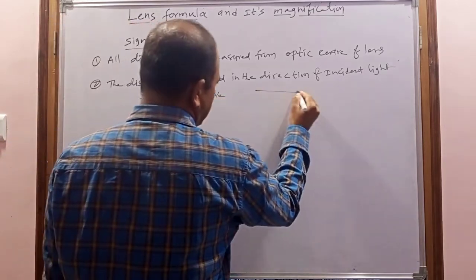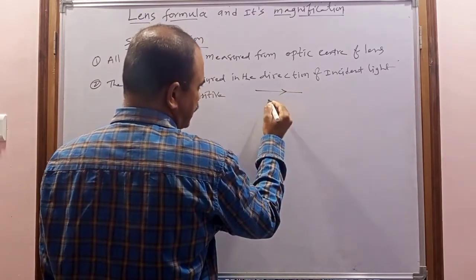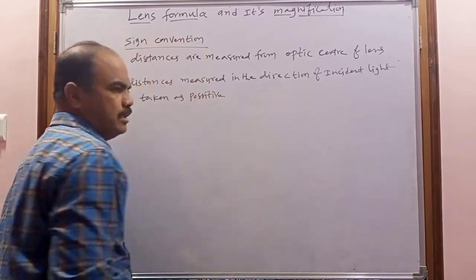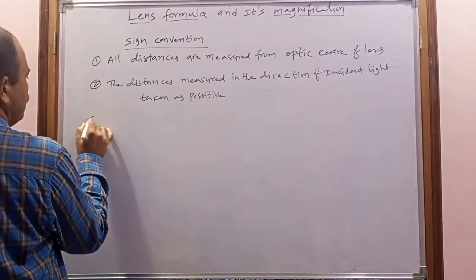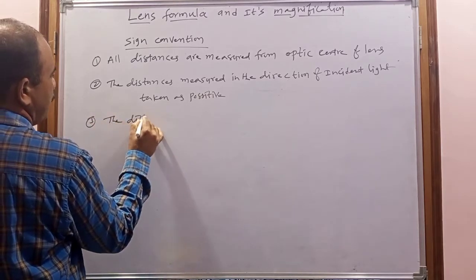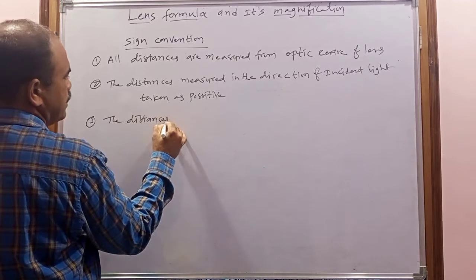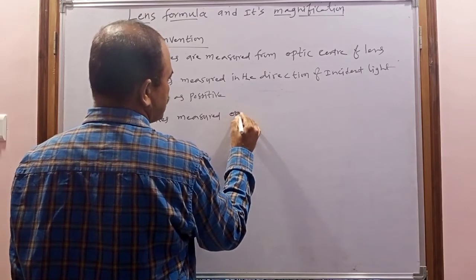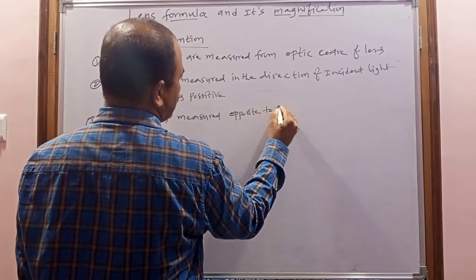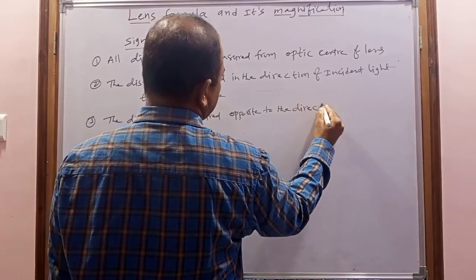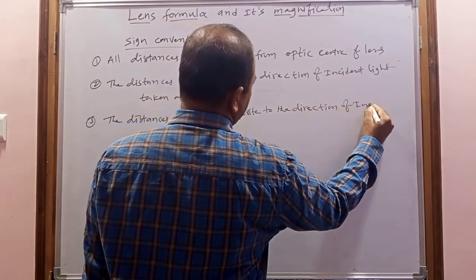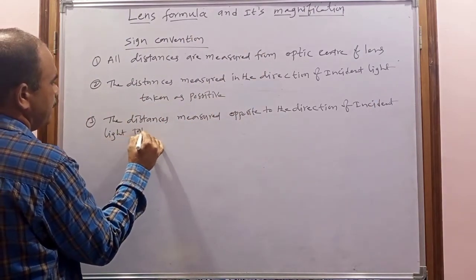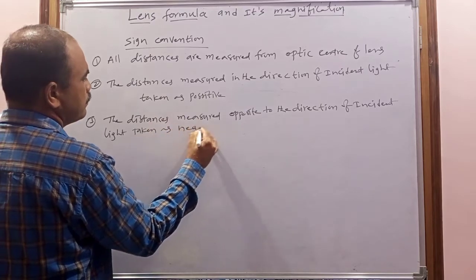If this is the direction of the incident light, then distances measured in this direction are positive. The third one: distances measured opposite to the direction of incident light are taken as negative.